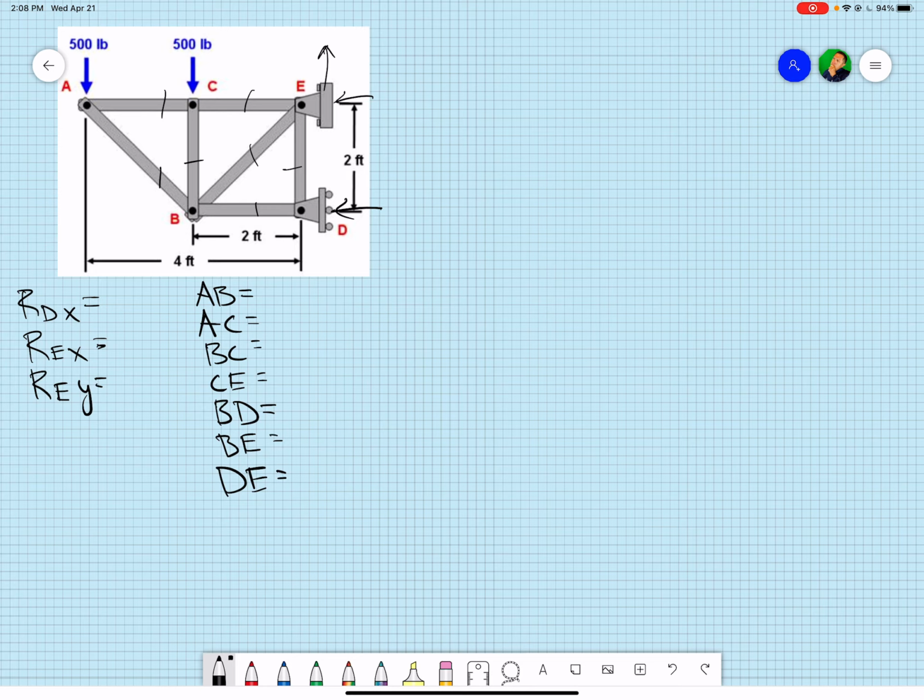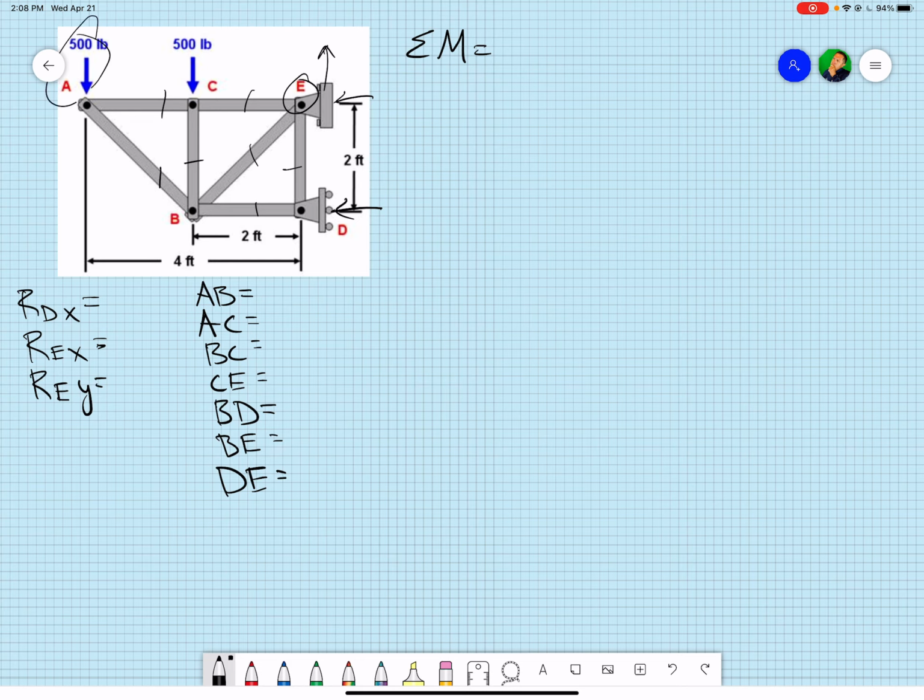So let's get started. So the first thing we always do is the sum of the moments. And for this one, we always pick our pivot point to be the pin, which is going to be E. All right, and we have to start adding up our forces. So what do we got?